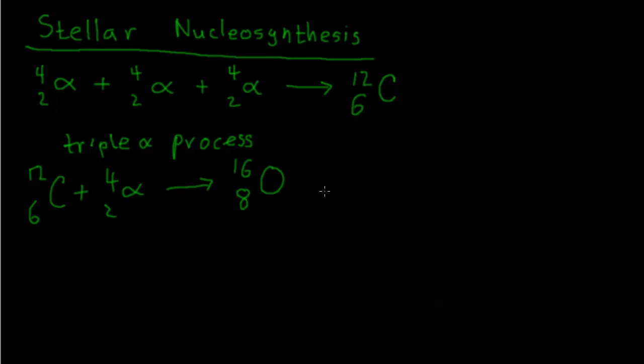And so we can continue on colliding different particles together, making elements, up until the point that we get to iron. It turns out that iron is sort of the peak of stability. So when we make iron 56, this isotope of iron, which has 26 protons in it, at that point, as the iron begins to be made, it sinks towards the center of the star because it's heavier.